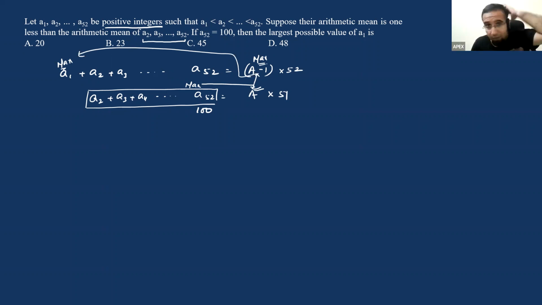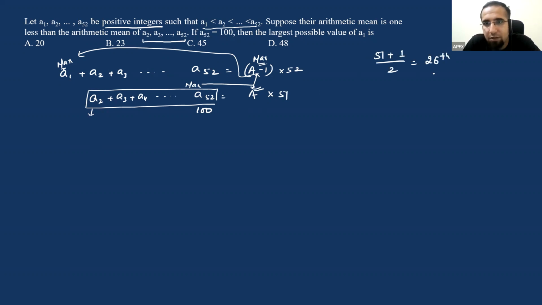If I want to maximize them, now the best way to do is I need to pick up the largest possible arithmetic mean of these 52 terms. Right. And since these are positive integers, the best part is I try to keep the gap between those terms as minimum possible because they are in ascending order. They cannot be equal. If they can be equal, I could have assumed all of them to be equal. Clear? So if A2 is 52, so the second series has 51 terms. 51 terms means 51 plus 1 by 2.